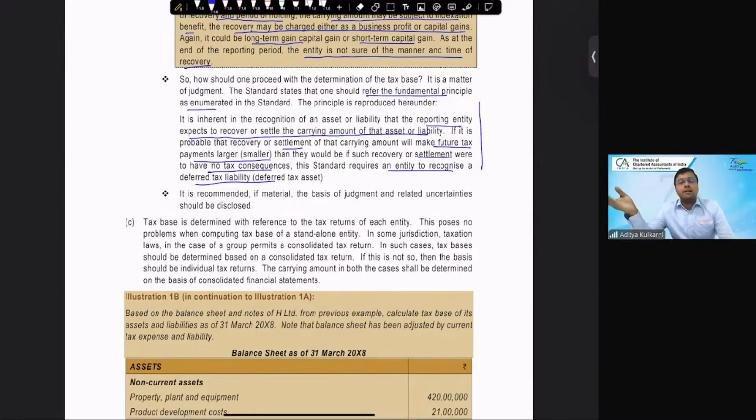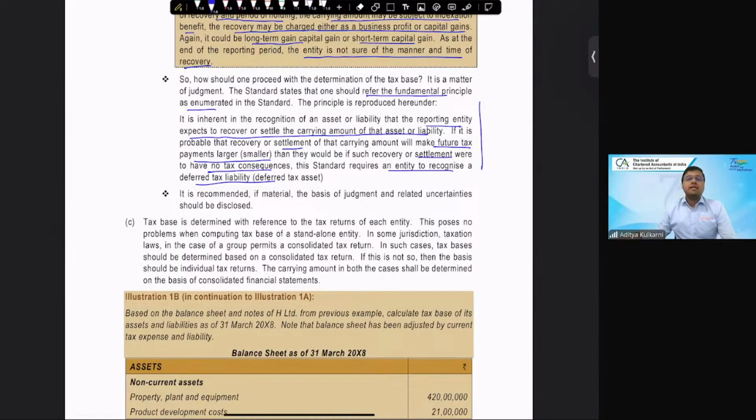Those journal entries will give you certain balances in the tax records. Those balances for tax purposes will end up becoming your tax base. This is the very, very simplistic view, and this view will never go wrong for you.